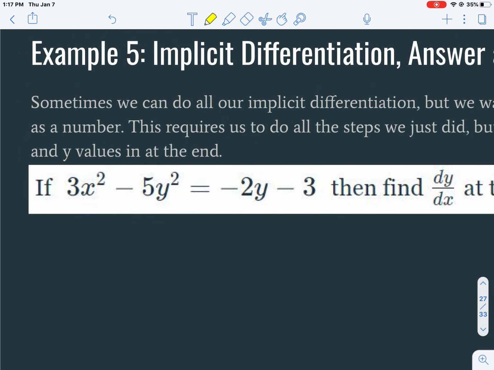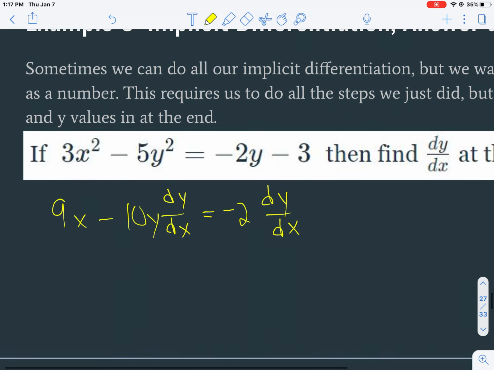So again, I'm going to take the derivative, okay? So the derivative here is 9x minus 10y dy dx equals negative 2 dy dx, and the derivative of negative 3 is 0, okay? So what you can do now is add 10y dy dx to both sides.